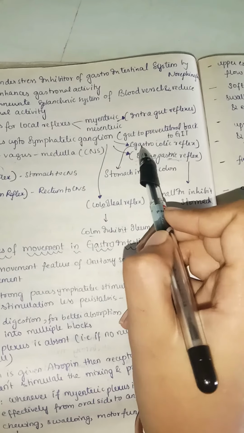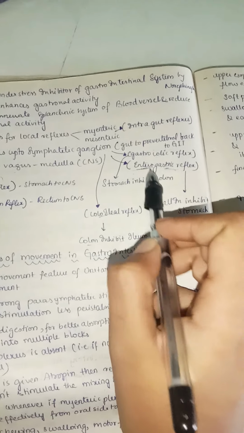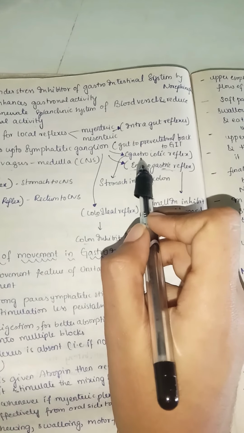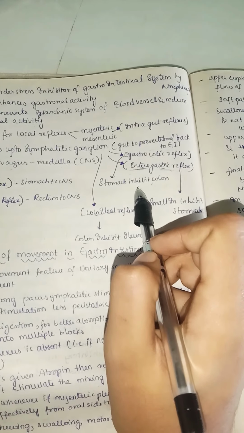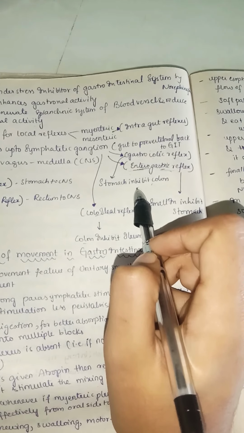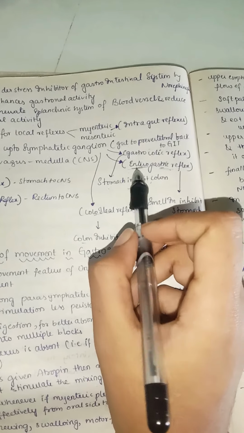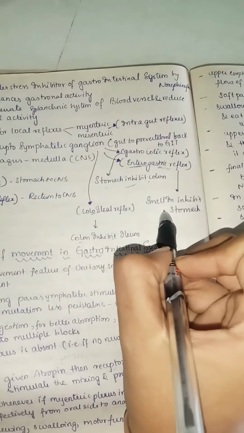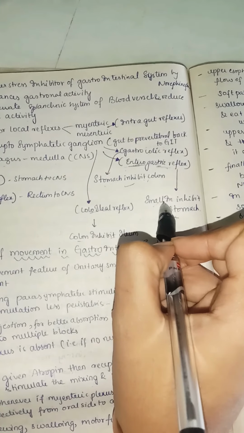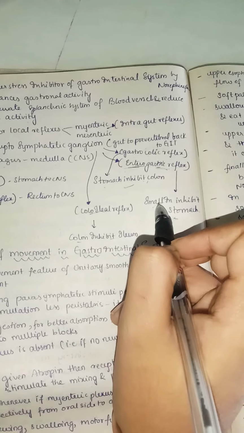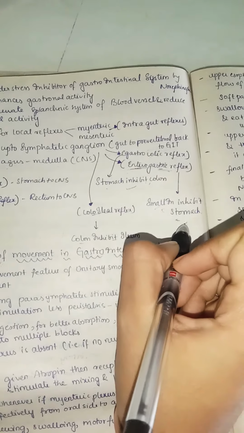Gastrocolic: in the gastrocolic reflex, the stomach inhibits the colon. In the stomach there is a lot of food, so it inhibits the colon. And in the enterogastric reflex, the small intestine is inhibiting the stomach, because in the small intestine there is a lot of food, so it cannot accommodate more food coming from the stomach, and it will stop the stomach for a while.